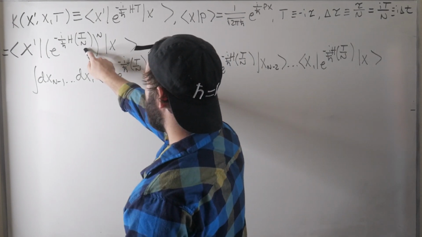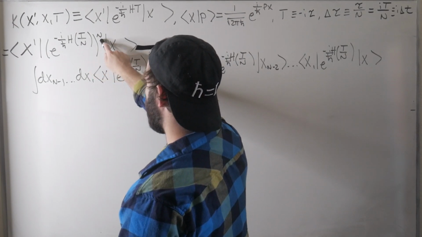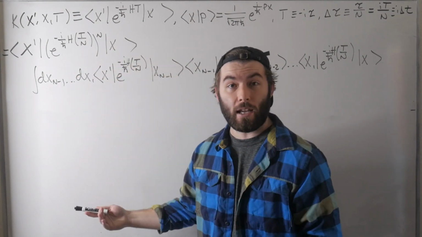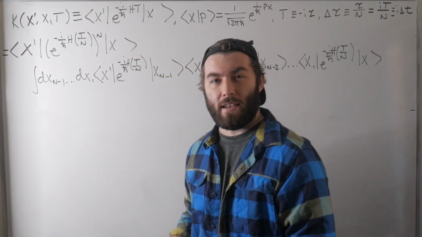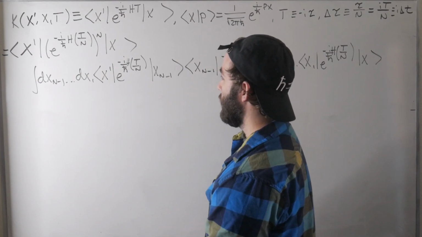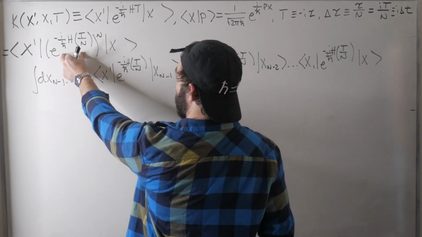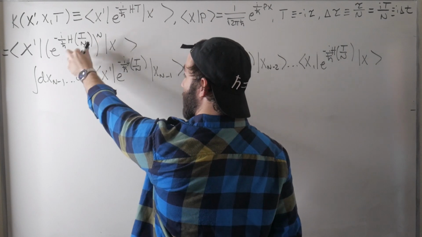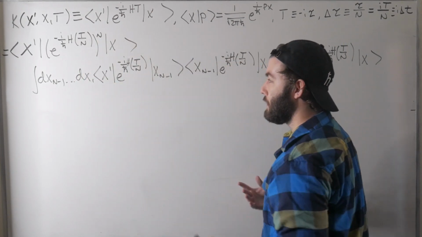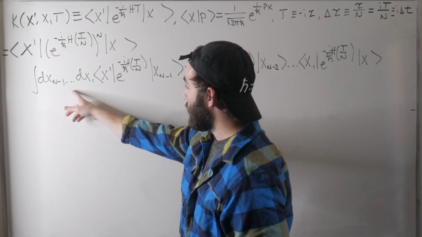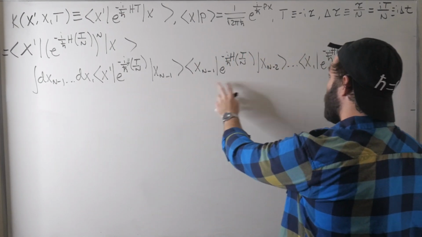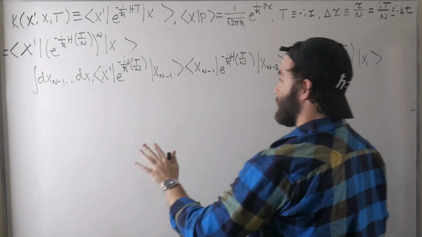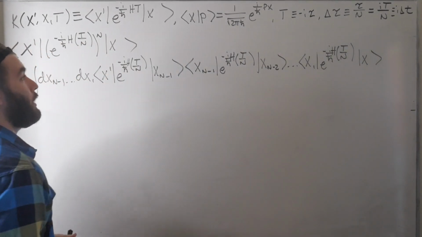We divided by some parameter n and then raised it to the power n, so effectively we're not really doing anything. What this does is it discretizes our time and space, but we'll get to that in a little bit. Since we're multiplying this by itself n times, we might as well write that out, and while we did that, we inserted complete sets of coordinate bases, n minus 1 times. So that brings us to where we are now.